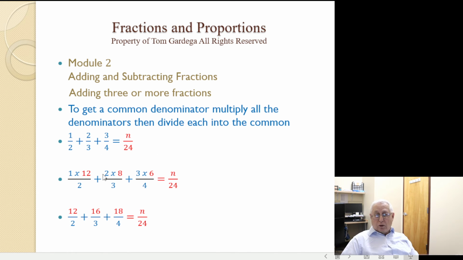We can do it all in one step. 2 times 3 is 6, times 4 is 24. 2 divides into 24 12 times. 3 divides into 24 8 times, and 4 divides into 24 6 times. So 1 times 12 is 12, 2 times 8 is 16, 3 times 6 is 18. We have 12 plus 16 plus 18.